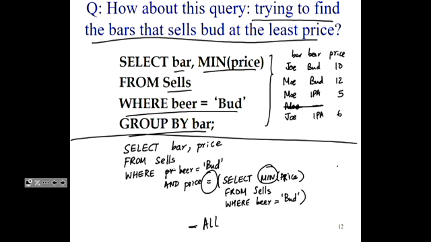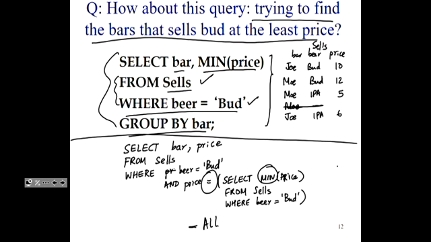Okay? So now, if I am running this query, what is going to happen is I'm going to start from cells. Okay, so this is cells. So start reading it from this part, the from and the where clause. And from the from cells, I'm going to eliminate all the tuples that don't correspond to Bud. Okay, so that's the first thing I'm going to do.